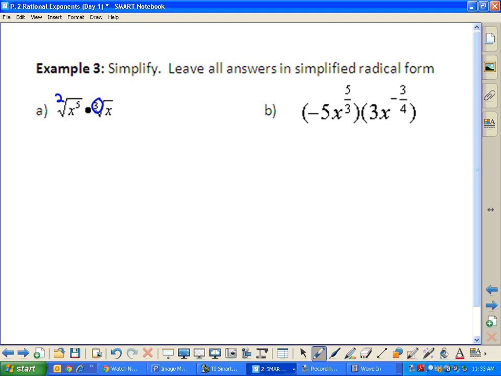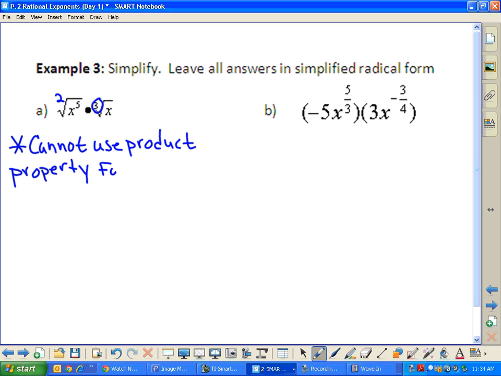So we cannot use the product property for radicals. And the reason for that is because 2 is not equal to 3. Square root is not the same as a cube root.